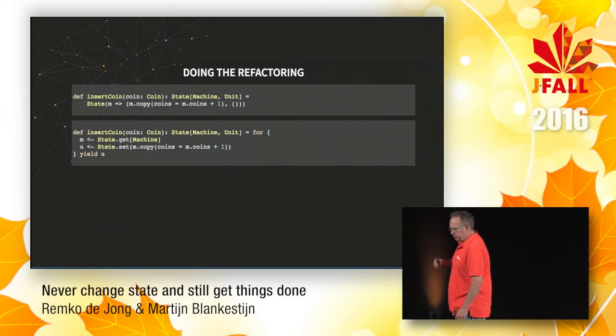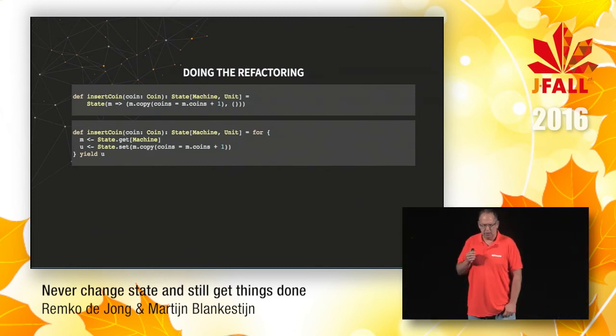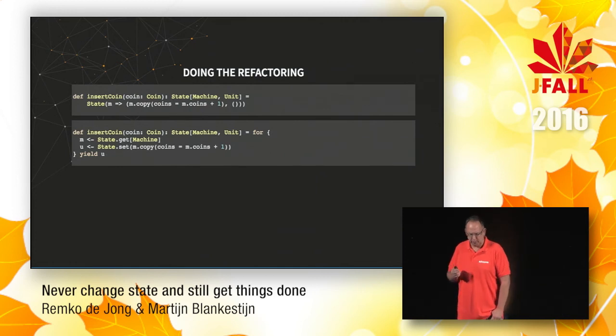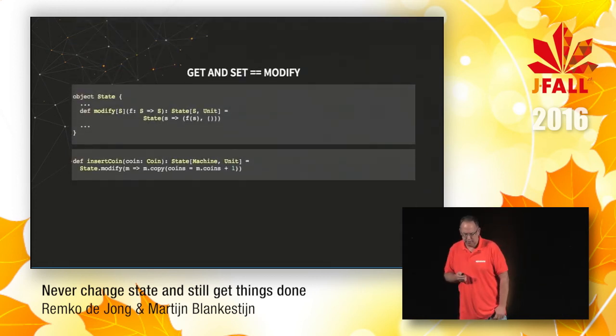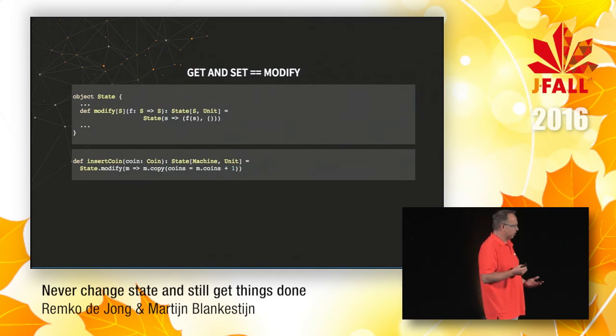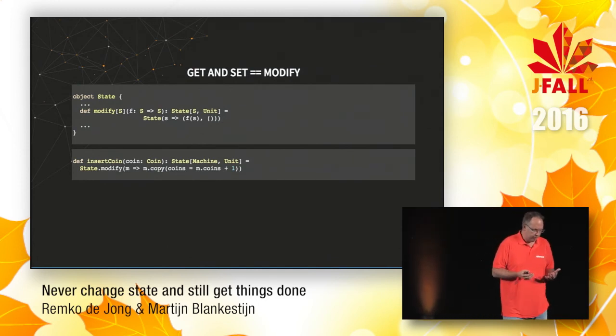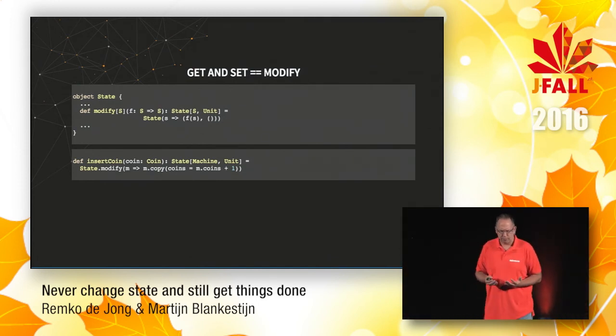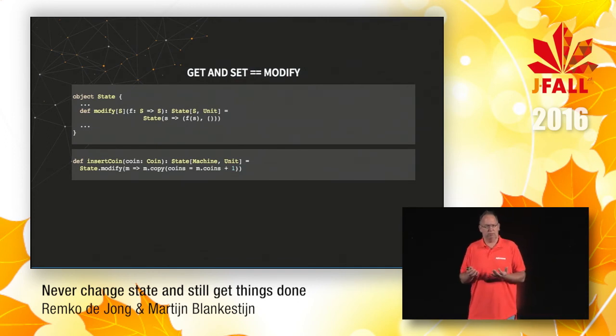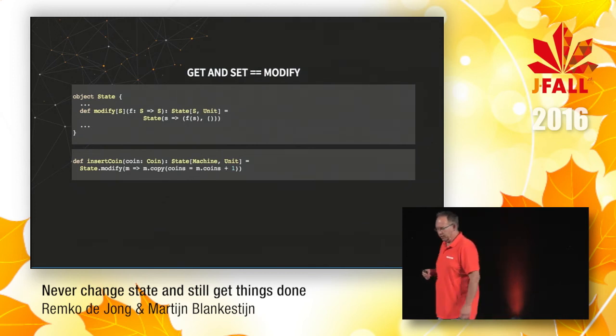But there's another easy addition to the state we can make to make that easier. We call it modify. You can modify the underlying state. And how would you modify it? Well, you just give it a function that takes the old state, makes a change to that state, and returns that.